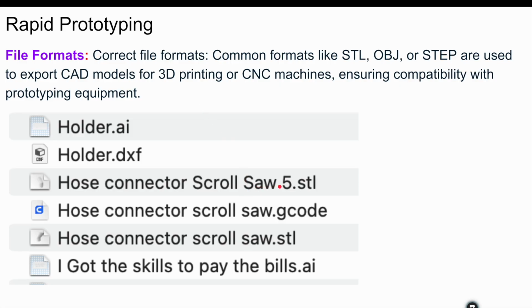And so you can see STLs here, you can see G-code, I've got AI files, DXFs. These are all types of files, and you should know which one goes with which. So for instance, DXFs tend to go with CNC machines, and STLs are going to go with 3D printing.